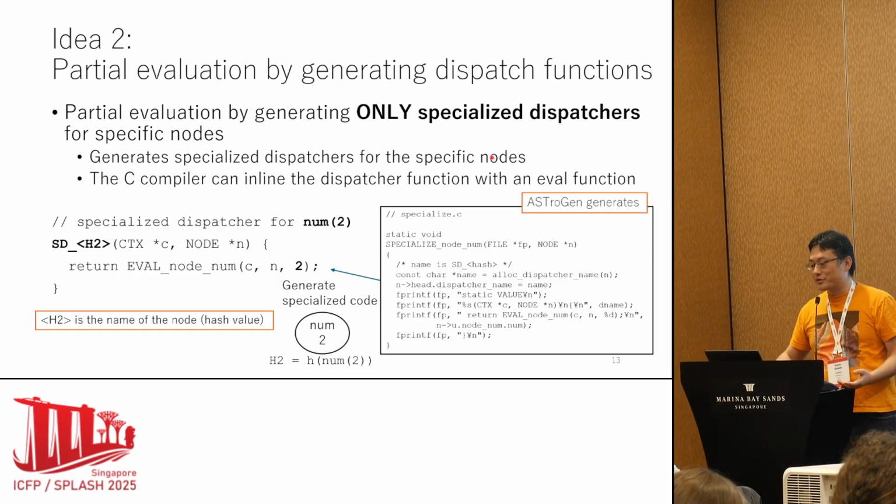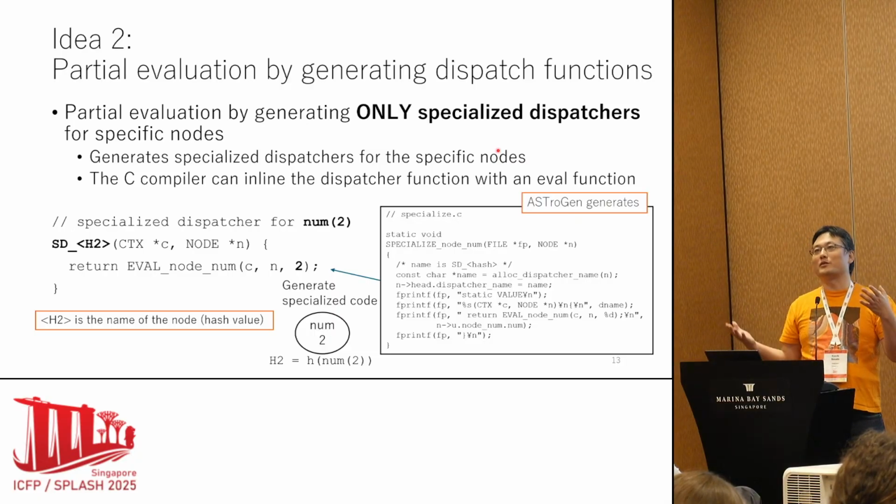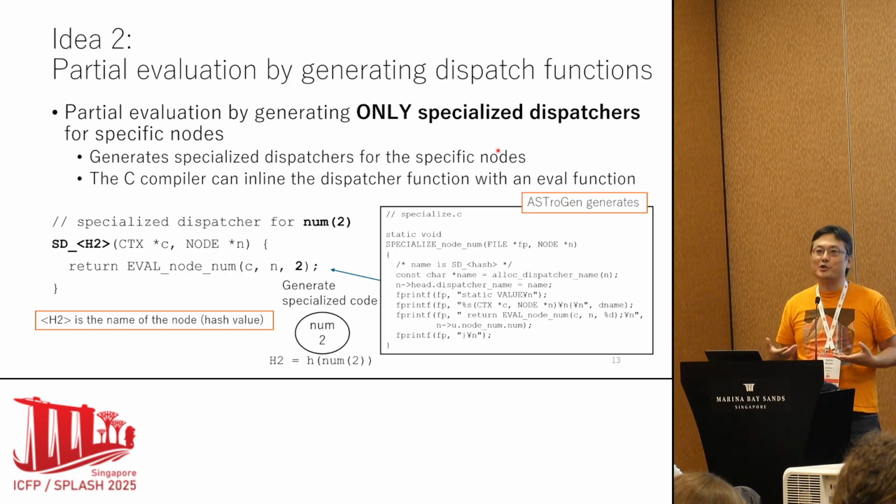So for the partial evaluation, let's introduce how to make a partial evaluator on the ASTro framework. We don't manipulate any method definition body, but only make a specialized dispatcher for each node.